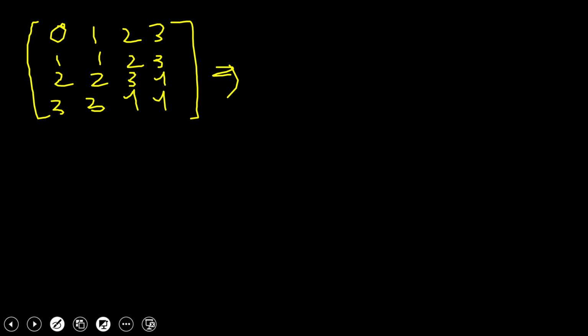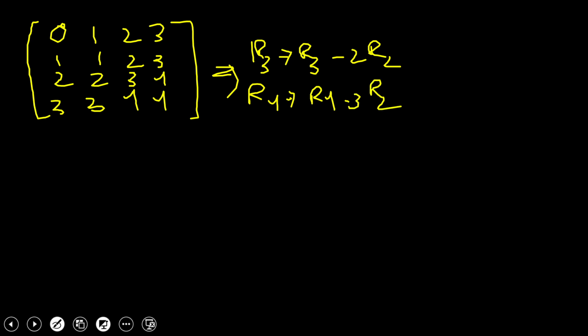We apply some row and column operation. What we will do first: R3 tends to R3 minus 2 R2, and R4 tends to R4 minus 3 R2. So what we will get: 0 1 2 3 and 1 1 2 3, it is same.